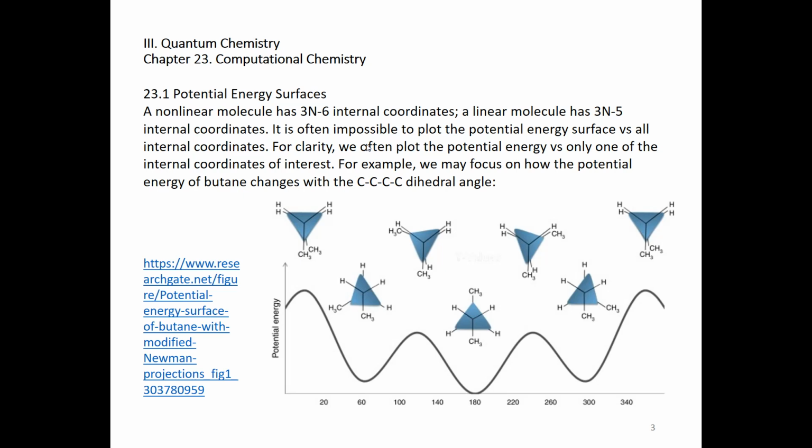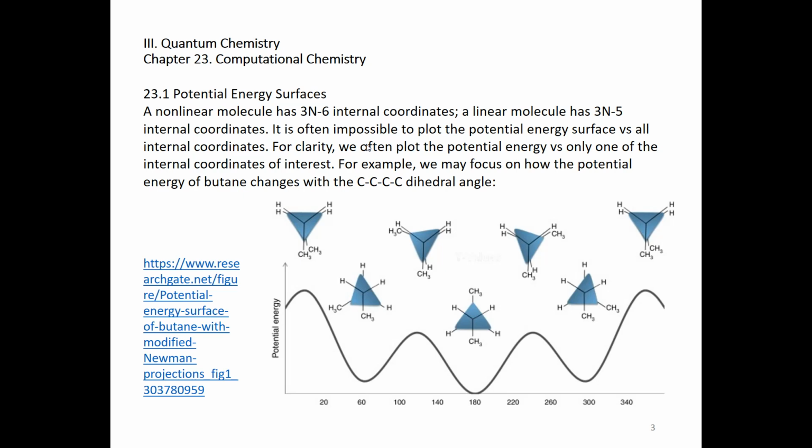And how can you draw a potential energy surface that depends on all 3 variables? Bond distance 1, bond distance 2, and then bond angle. So we often just plot the potential energy versus only one of the many internal coordinates. We pick the most important one, the one of interest.